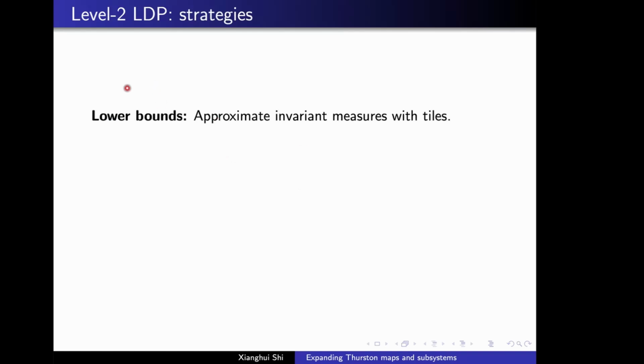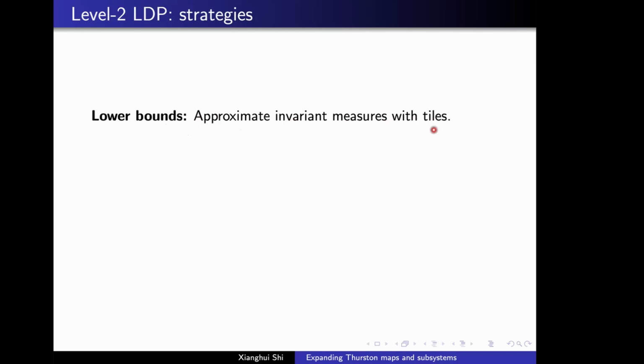Since the statement of the level 2 LDP consists of a lower bound and an upper bound, here we state our strategy for them separately. For lower bounds, in one sentence, the strategy is to approximate invariant measures with tiles.